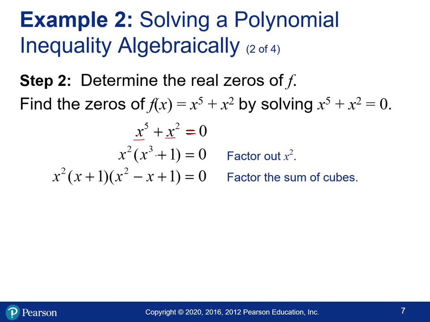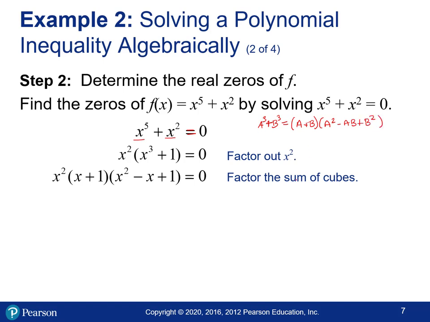But x cubed plus 1 is what's called the sum of cubes. A reminder from your previous algebra days, this is the formula for the sum of cubes. If you have something to the third power plus something cubed, it always factors like this. So if it's a cubed plus b cubed, you have a plus b times a squared minus a times b plus b squared.